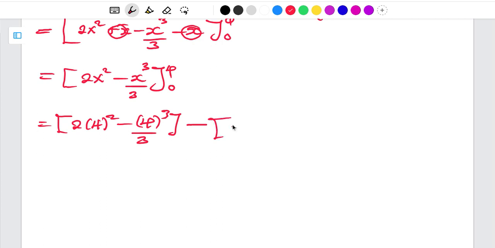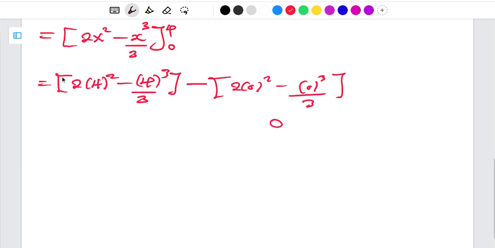So if we replace 0 throughout, this is what I'm going to have. Remember that on this part here, we are just going to get 0, so we have to ignore this part here. But what about this part here? We have 16 multiplied by 2, that is 32. And then here we have 64. Okay, so here we have 64, then divided by 3, then minus 0.